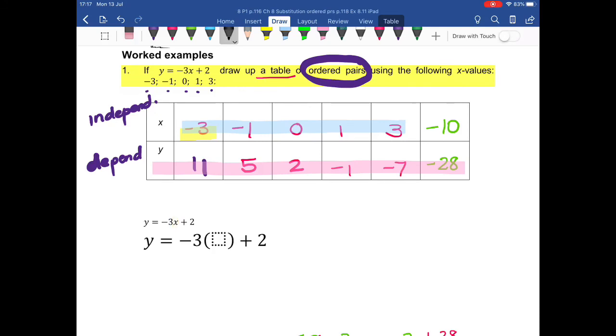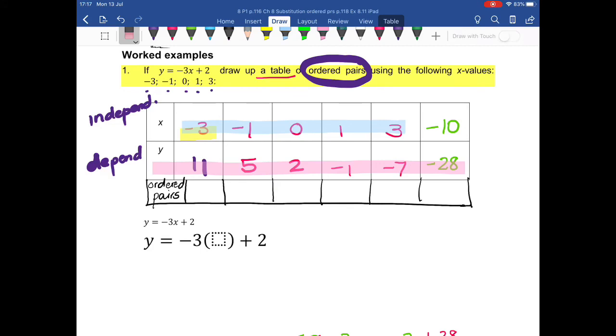So all I'm going to do, I'm going to add another row, and I'm going to write ordered pairs. And over here, I'm going to fill them in for each column.